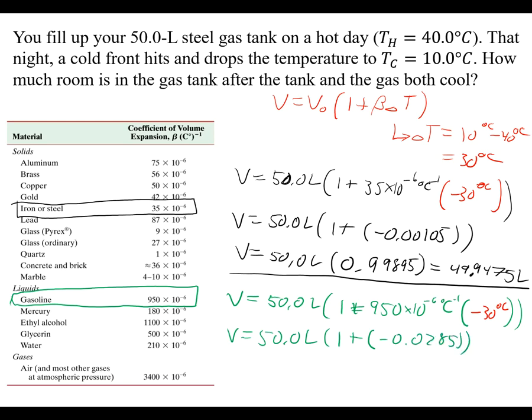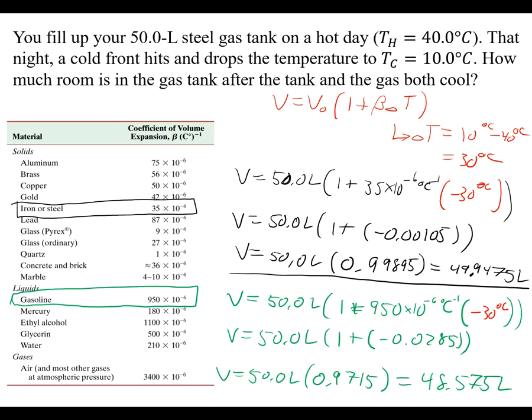That's the number I had earlier. I apologize for that. Which then would simplify to 50 liters times 0.9715, giving me a total volume of 48.575 liters. So there you go. We know that the gasoline has shrunk more.